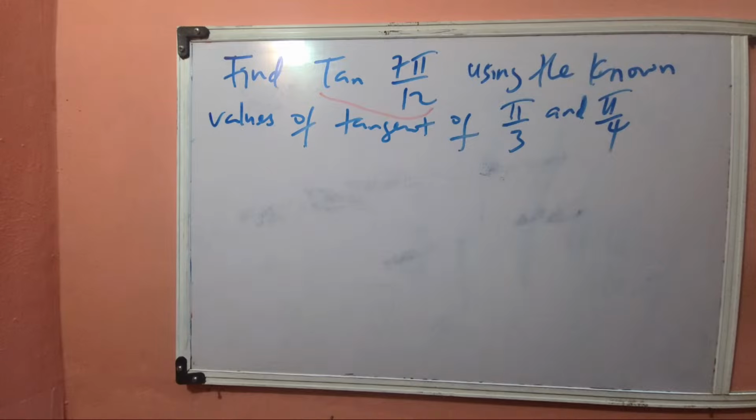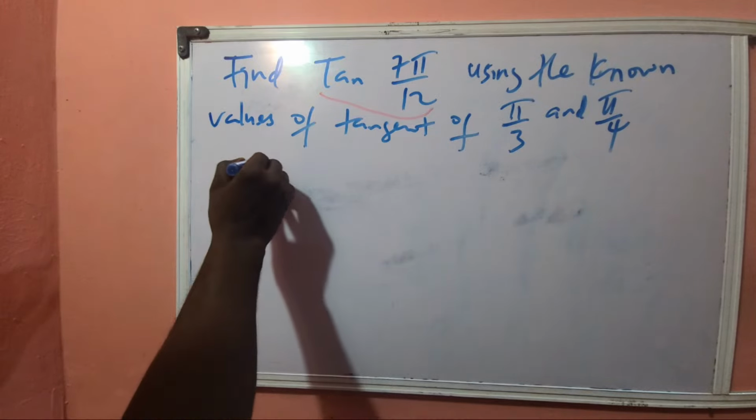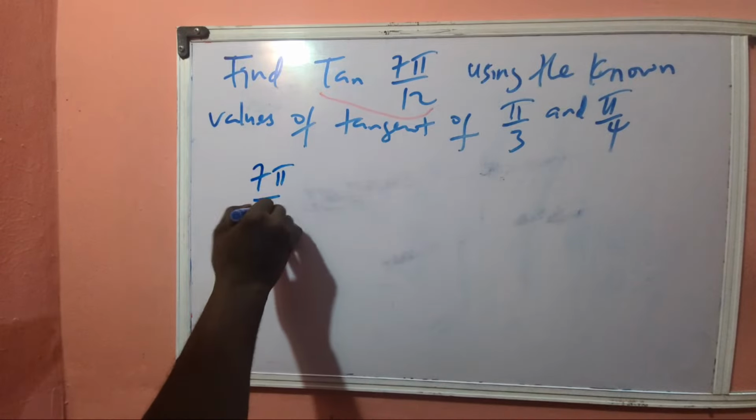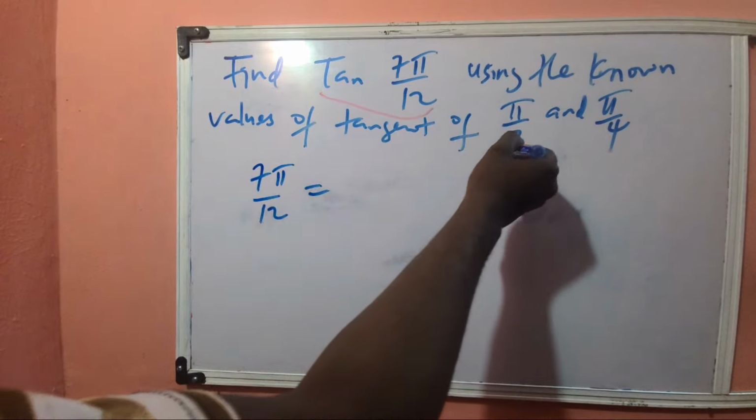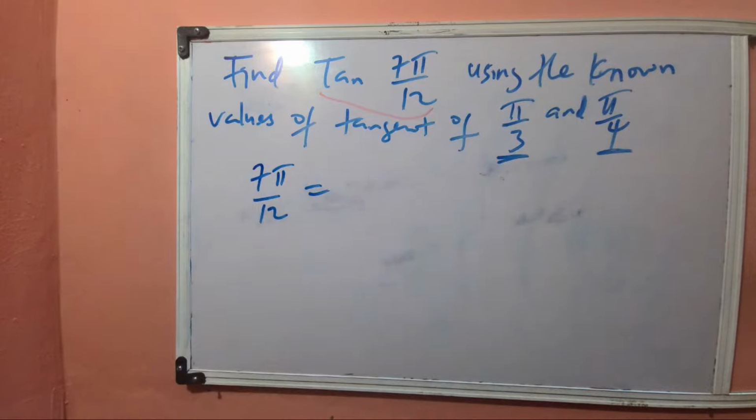Number one, we have to realize something. We have to change this 7 pi over 12. We have to change it in such a way that it will replicate these two values.